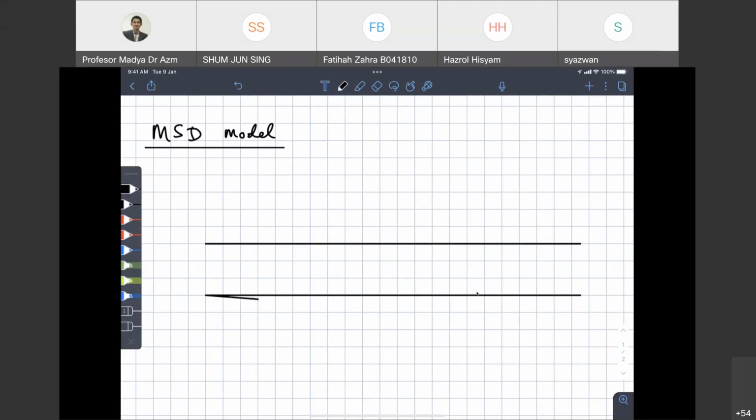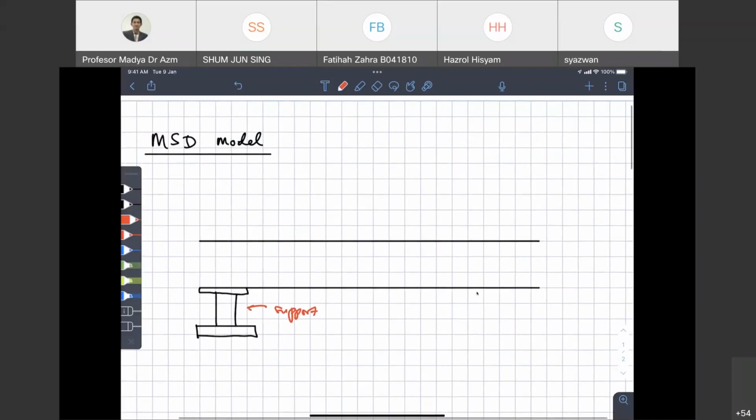So let's say we have a piping, and this piping is resting. Resting means it's only placed above the support. So this one is support. It's not clamped. It's not held by any bolt or screw.